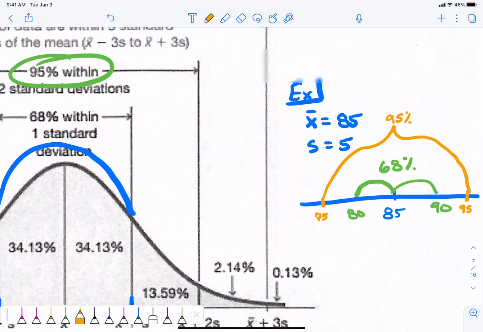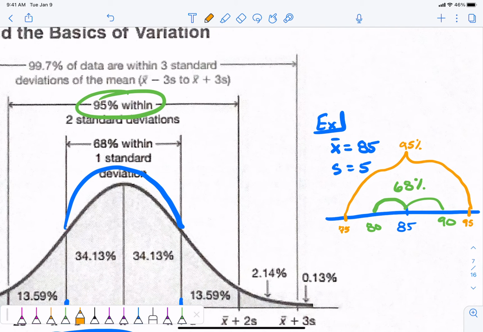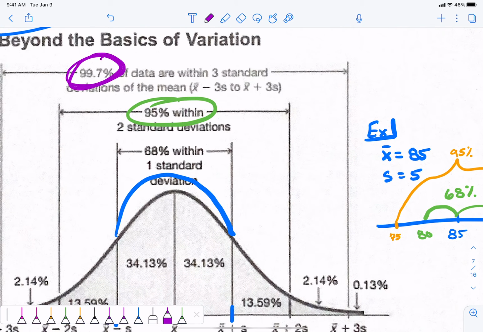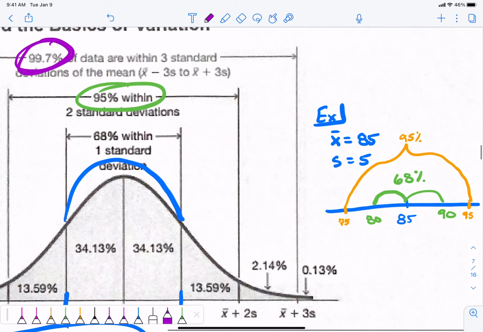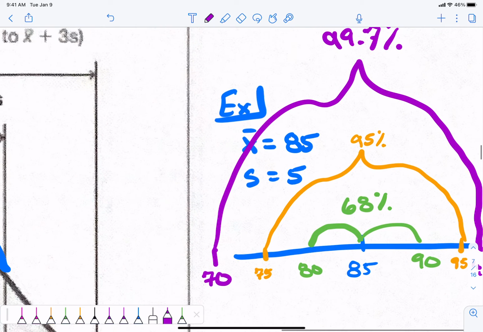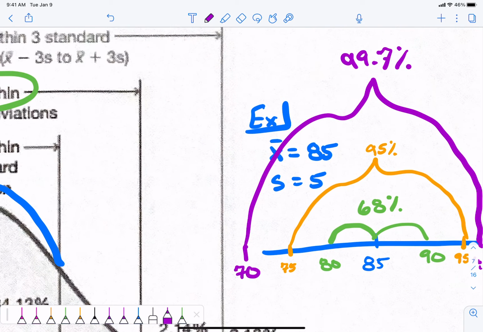Okay. Now, what percent is within 3 standard deviations? 99.7, right? And 3 standard deviations according to this would be 70 to 100. Oh, I ran out of room. 70 to 100, right? Do you see that? 99.7% of my students will have scored between a 70 and a 100 as long as this is normally distributed.